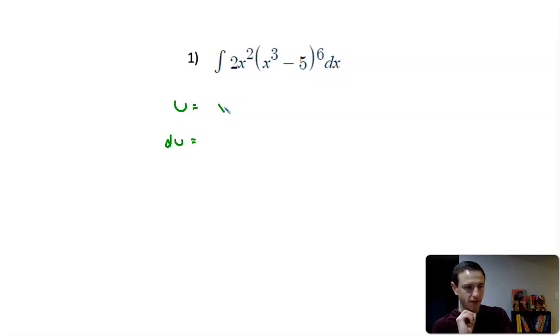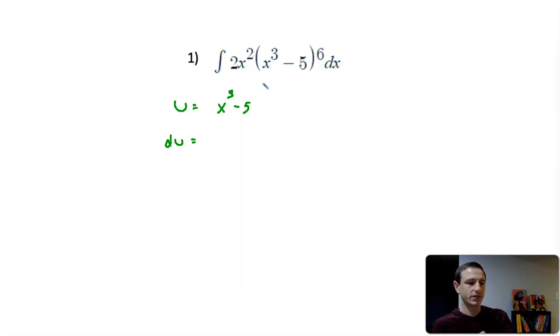I'm going to set this term as my u for two reasons. Reason number one, I have all of this statement being raised to the 6th. That's really hard to manage in the integral. Like if I try to integrate that, I can't do it. So I'm going to try that as a u.